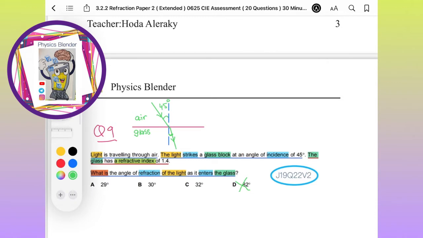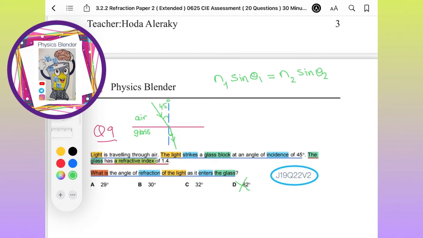Let's try to apply Snell's law to calculate the angle of refraction. The general formula for Snell's law is that n for the first medium times sine theta 1 is equal to n for the second medium times sine theta 2.